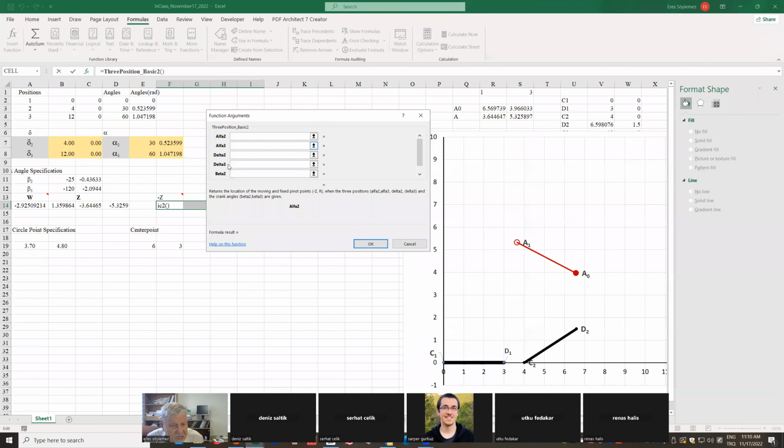Again, I have the same input: alpha 2, alpha 3, delta 2, delta 3. This time I won't make that mistake. Beta 2, beta 3. Correct? Now, Control, Shift, Enter.